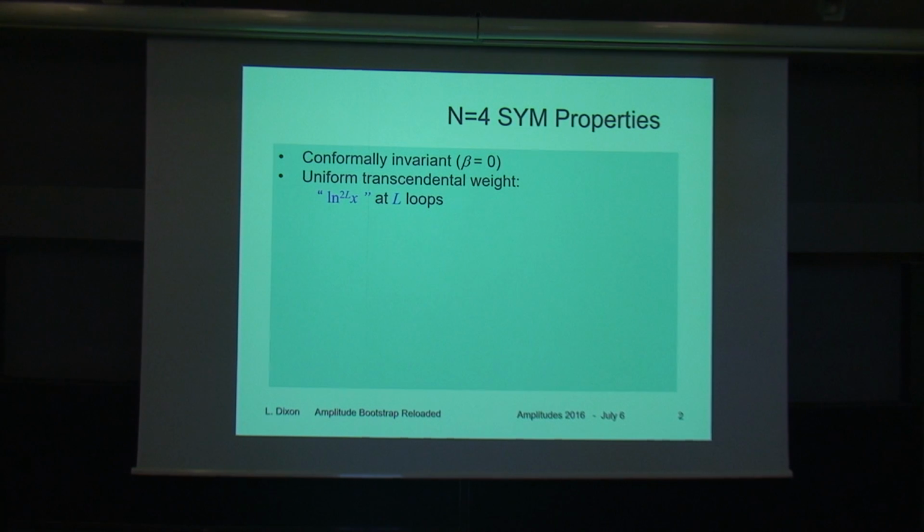Very roughly speaking, they look like 2L iterated integrals, or even more roughly, log to the 2L of x at L loops. Whereas in QCD, you tend to get functions like that, but then things of lower transcendentality, all the way down to rational terms in the L loop amplitudes.